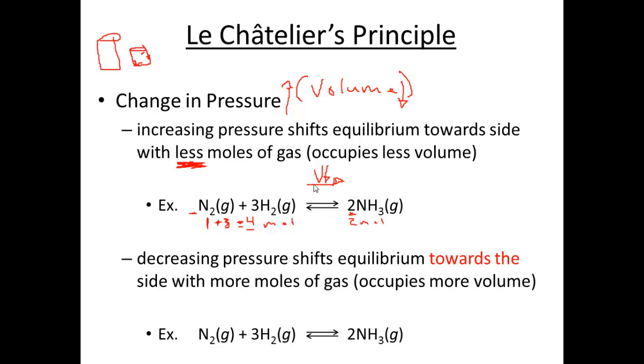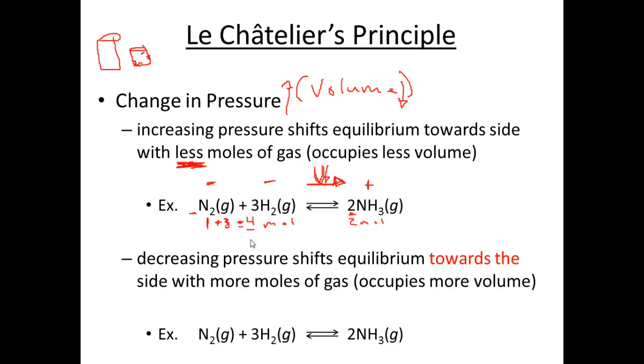So again, if we're making our volume go down, our pressure is going to increase, so we're going to shift to the side with less moles of gas, so we're going to go in the forward reaction and we're going to get more ammonia and less hydrogen and less nitrogen.